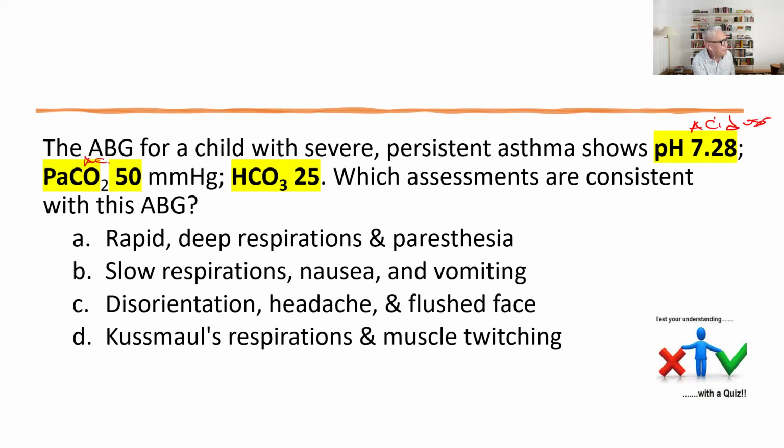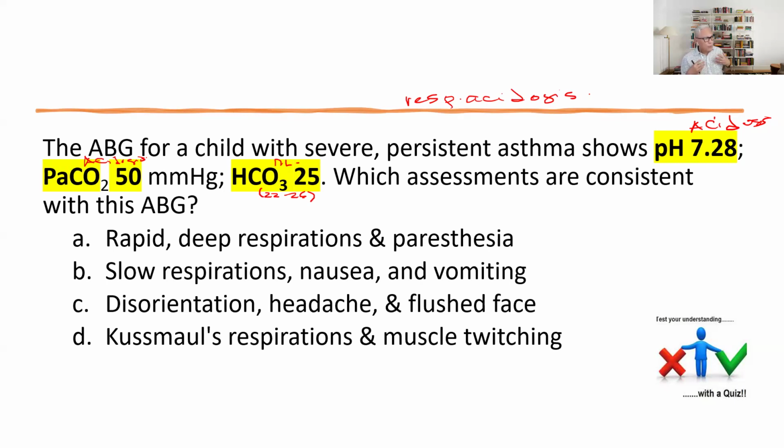CO2 of 50 is acidosis. This bicarb is going to be normal because normal is anywhere from 22 to 26. So we have respiratory acidosis. Okay. So let's see what are the symptoms of respiratory acidosis. What do you see in a patient who is experiencing respiratory acidosis?